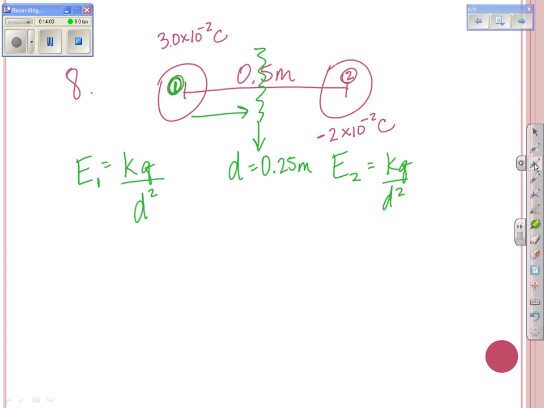Now, since the charge of this one is negative, if I drop a charged particle in it, it's going to go towards it. Since they're going in the same direction, to find the total electric field I'm going to do E1 plus E2.